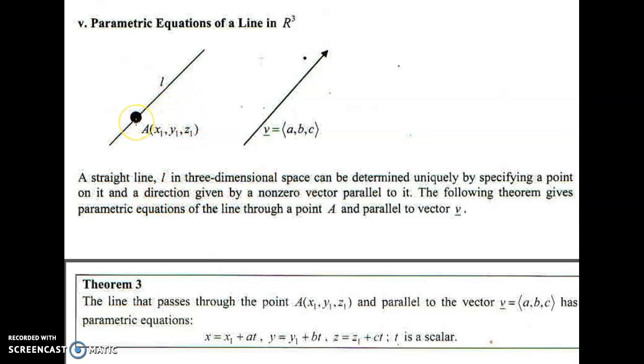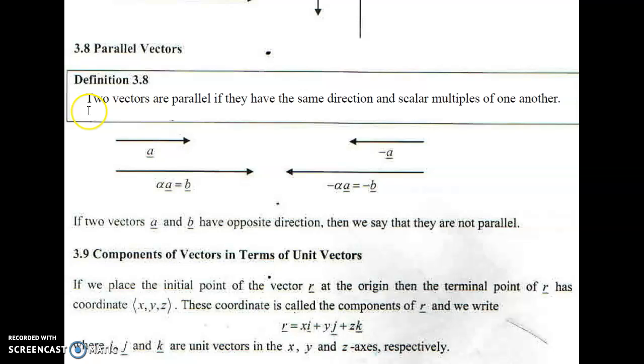When I say parallel, let's refer back to the definition of parallel vectors: two vectors are parallel if they have the same direction and are scalar multiples of one another. It is just that they don't need to be the same length.